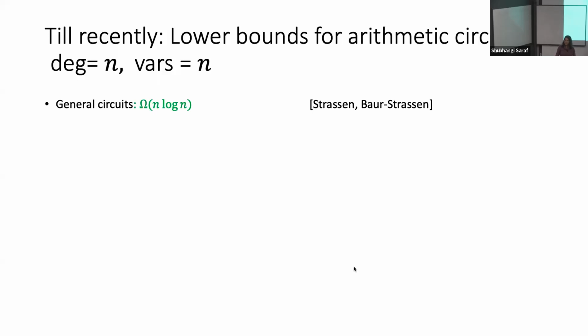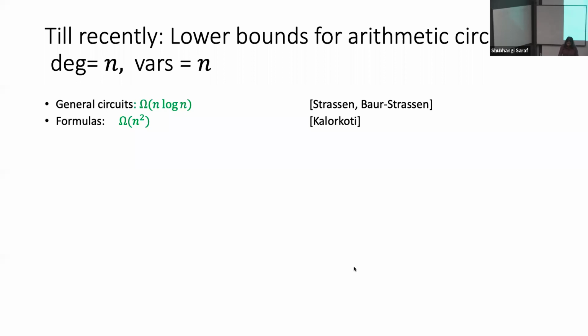And in this setting, for general circuits, the best lower bounds we know are mildly superlinear lower bounds. And this was in the 80s, and there's been no progress since then. If you have arithmetic formulas, we can do slightly better because we know quadratic lower bounds.